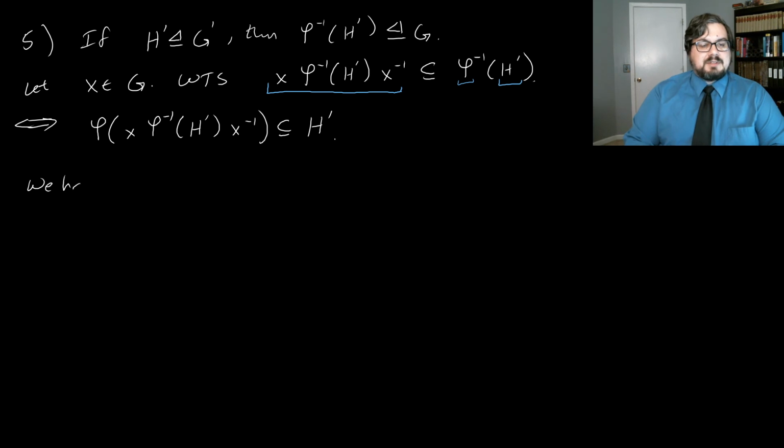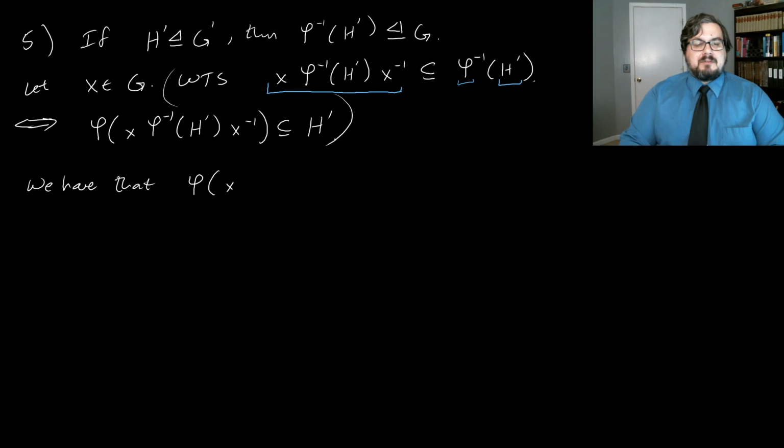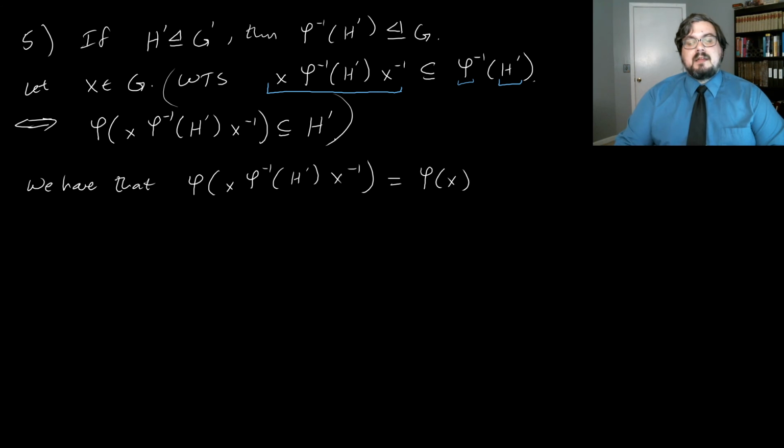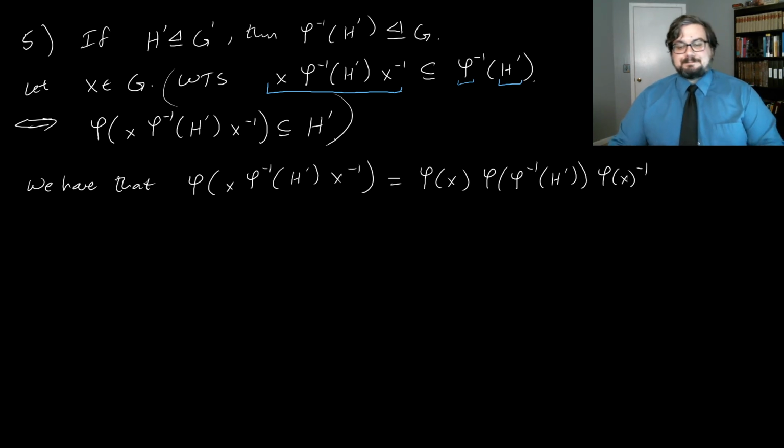So this is what we're trying to show. We wouldn't necessarily put this down into a formal proof. We have that phi of x phi inverse of H prime x inverse is equal to, because phi is a homomorphism, phi of x times phi of phi inverse of H prime times phi of x inverse.